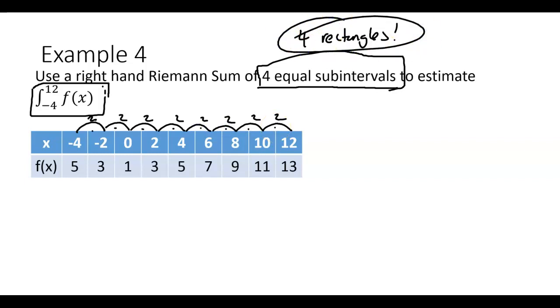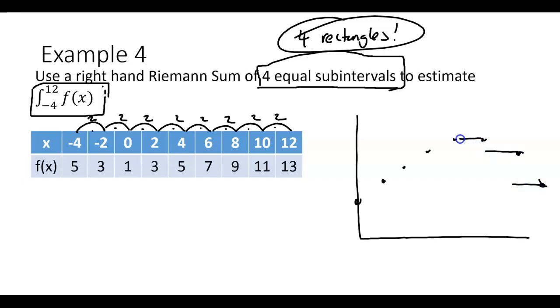So what that means is instead of drawing, we're not going to draw the picture. We are going to use the shortcut. But, you know, if we have 8 points, let's just say our 8 points look like this. Instead of doing a right-handed Riemann sum at every dot like this, we're actually going to do it at every other dot. So maybe like this.